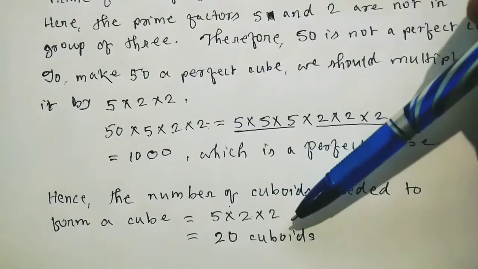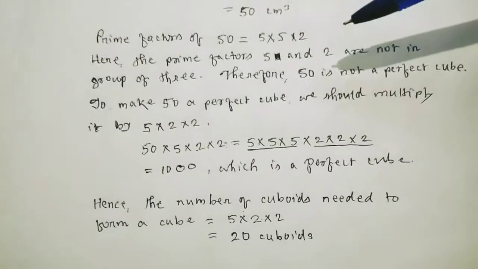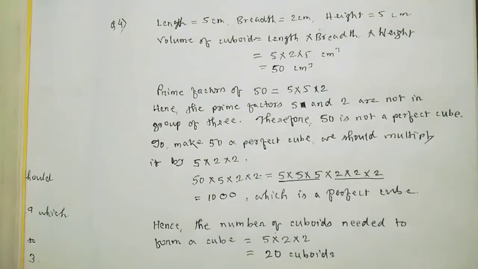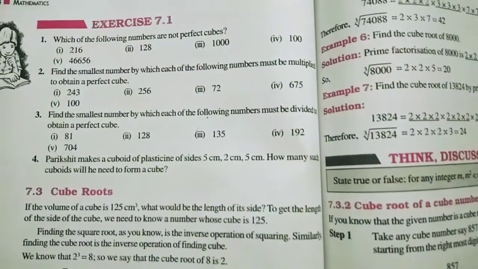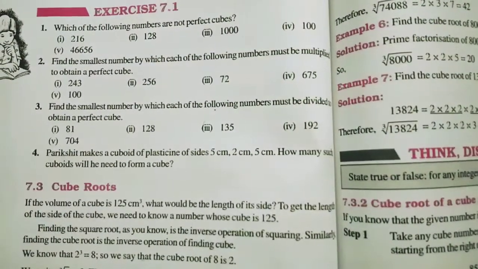So the number of cuboids needed is 20 cuboids. So understood this word problem, very interesting and very important also. Okay students, in this way exercise 7.1 is complete, and do all the remaining questions that I have given as homework. Okay, thank you.